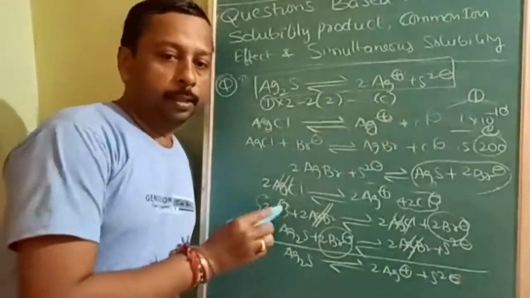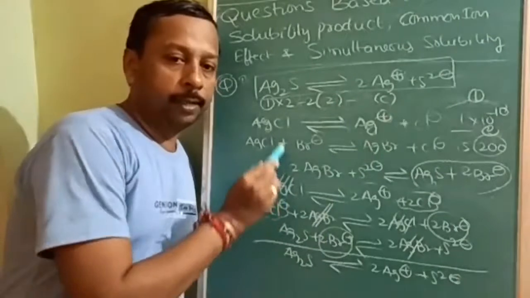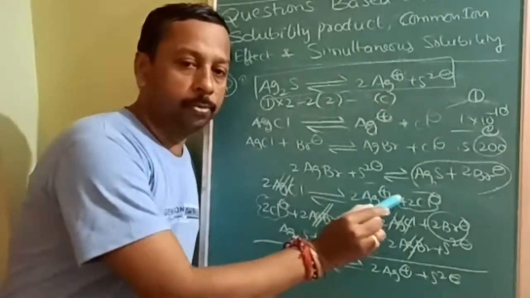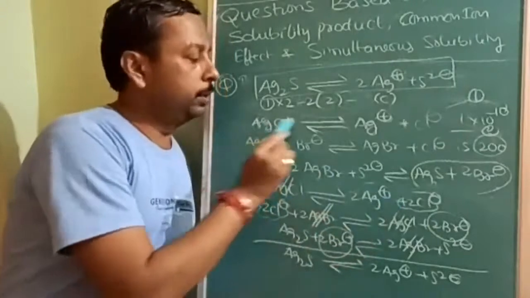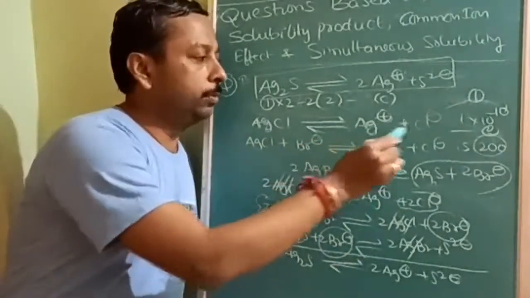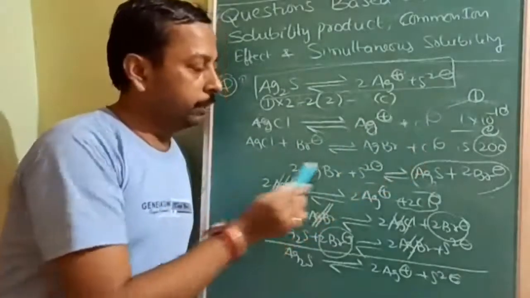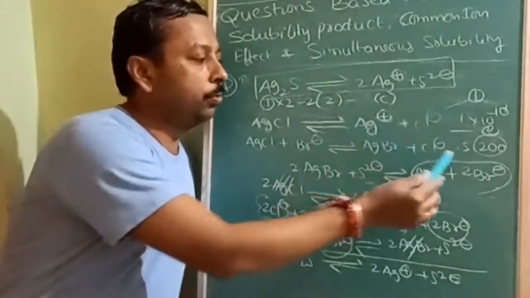Is this clear? See, in the first equation, I have multiplied the total equation by 2: 2AgCl reversible 2Ag plus 2Cl minus. Then the second equation is multiplied by 2 and reversed also.